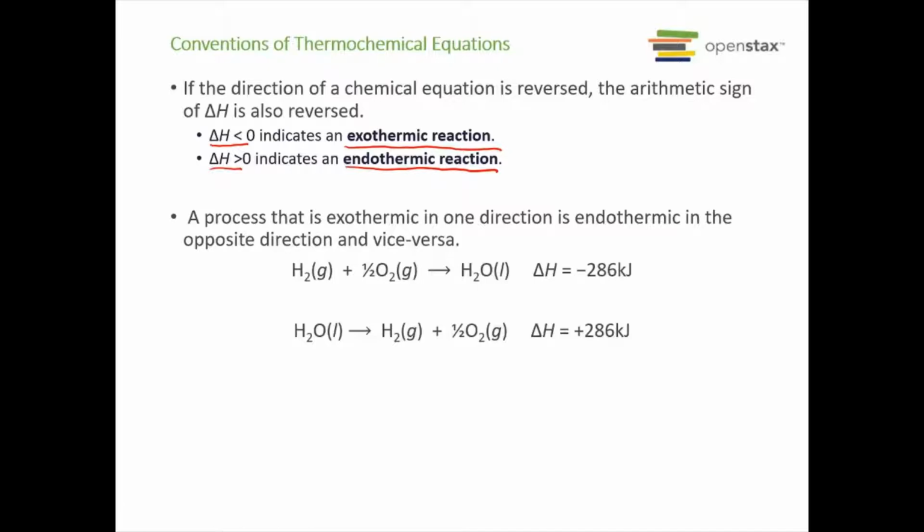And one thing that you can also see is that when we go from hydrogen gas and oxygen combined to be water, we have an exothermic reaction. But going the opposite direction, water becoming hydrogen and oxygen, it's the same delta H, but opposite sign. Okay, so if you reverse the reaction, the sign of delta H gets reversed.